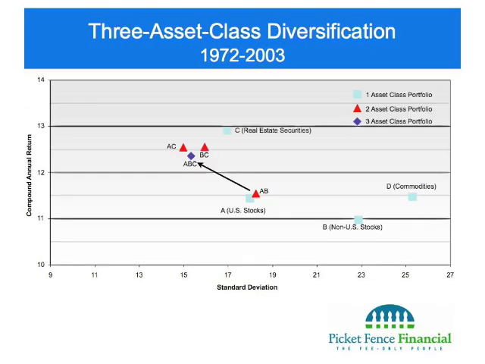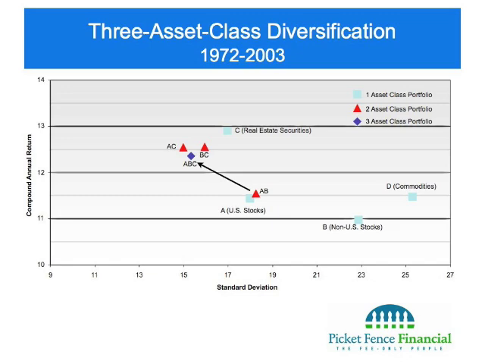Now we're going to take it to the next step, and we're going to add real estate securities to this mix. So we're going to have portfolio ABC, which is 1/3 real estate, 1/3 U.S. stocks, 1/3 non-U.S. stocks, rebalanced every year to that allocation. And what you're going to find is from portfolio AB to portfolio ABC, we've increased the return and we've further reduced the risk.